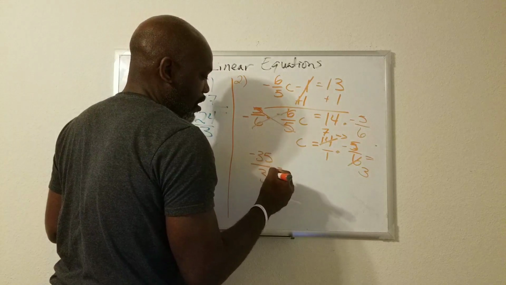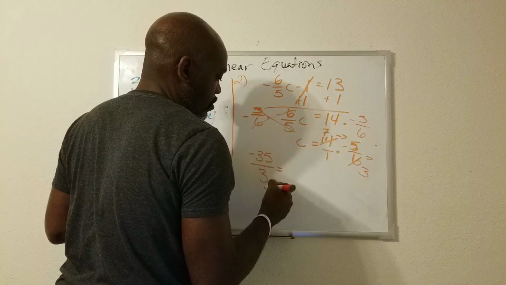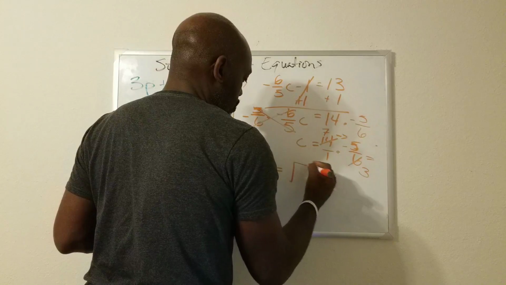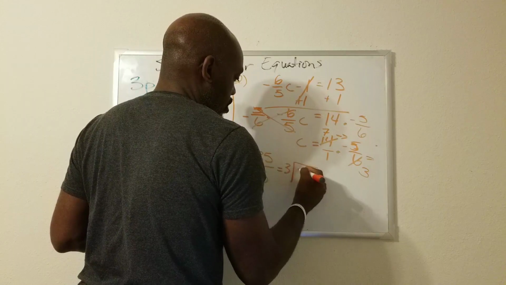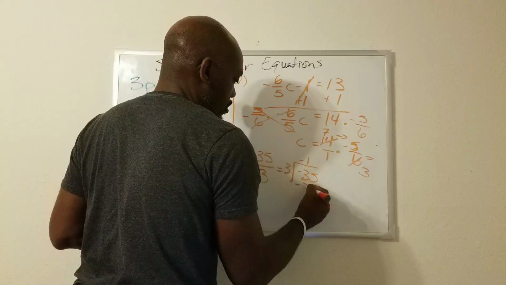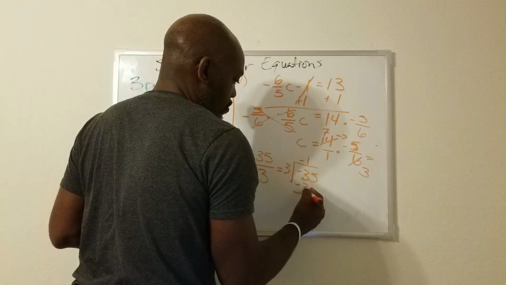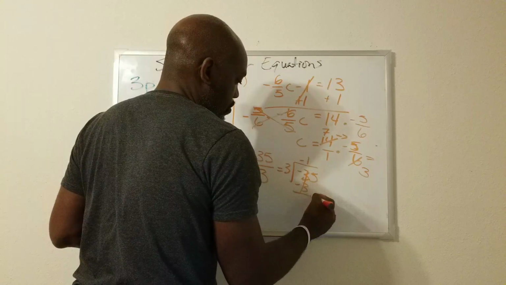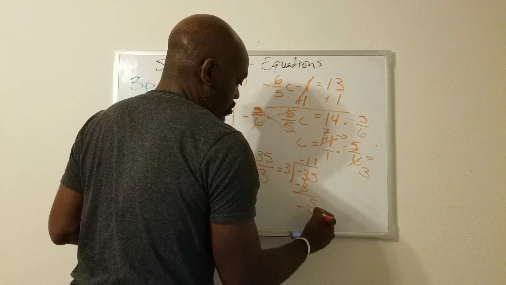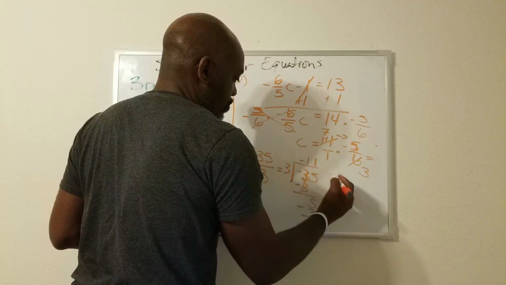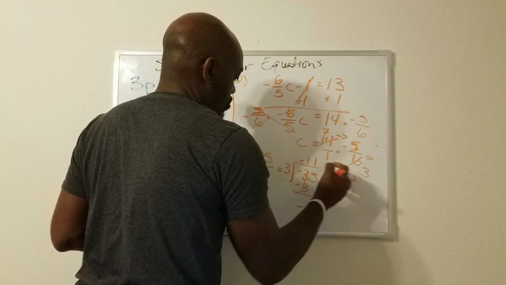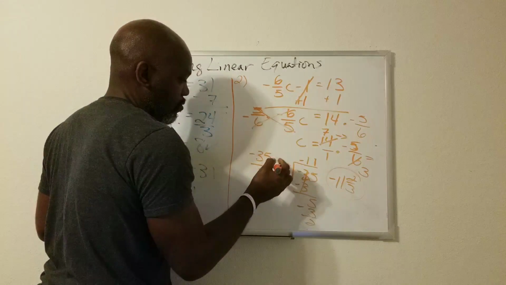You can leave it like that, or you can put it into simplest form, which would be 3 into negative 35. That's a negative 1. That becomes 0. I'm left with 5. 3 goes into 5 one time. Subtract that. It gives me 2. So a negative 11 and 2/3. One of those would be your answer.